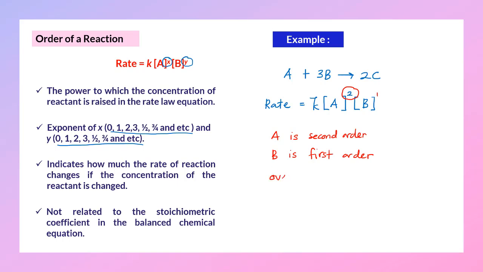And the overall order of the reaction is 2 plus 1, so it is third order. So you can see here the order of the reaction is not related to the stoichiometric coefficient in the balanced equation. It must be determined experimentally. Alright, the order of a reaction must be determined experimentally.